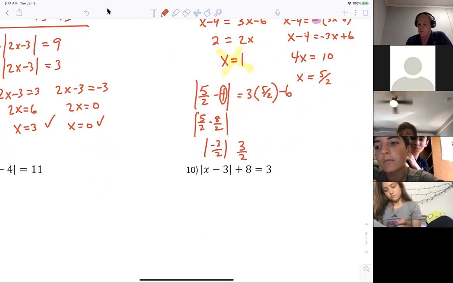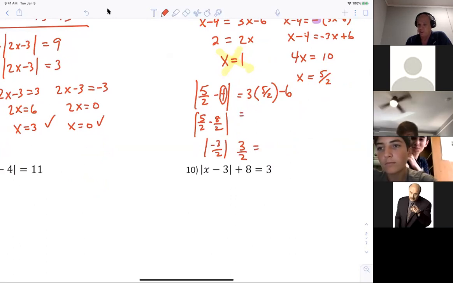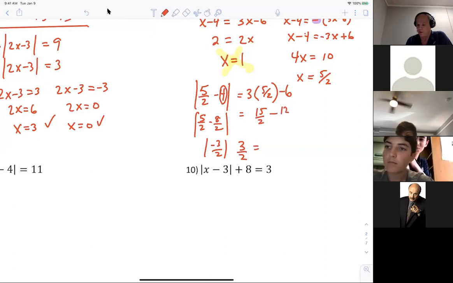Now we're going to try over here. We're setting that equal to the right side. Now 3 times 5/2 is 15/2 minus 12/2. I'm sorry, 6 is 12/2.